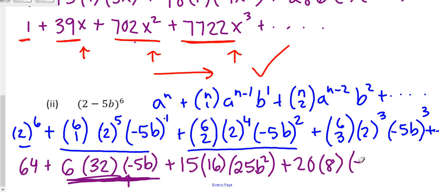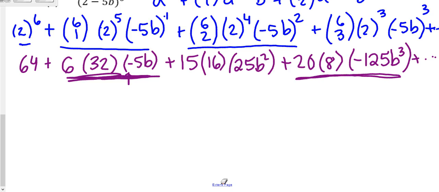Negative 5b cubed is negative 125b cubed. Again, be careful with this negative. These 3 things are multiplied, so you don't want to add another term in there. That is a negative 125 times 8 times 20. All of those things will end up combining.